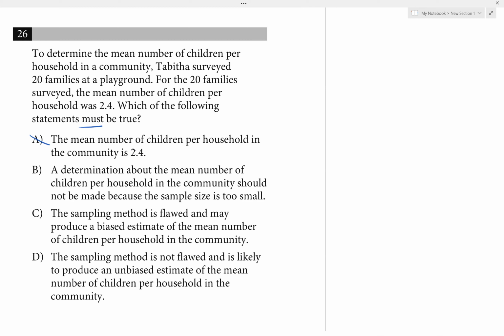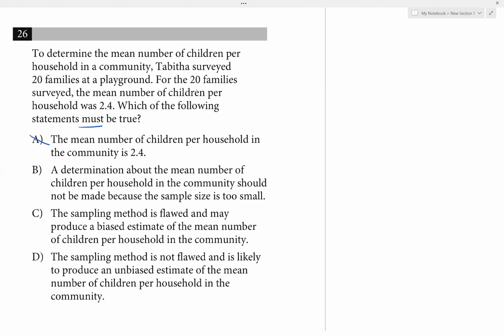Okay, so if you try letter B, B says a determination about the mean number of children per household in the community should not be made because the sample size is too small. Well, for this question, she asked 20 families, and we're trying to determine the number of children per household in one community. So 20 families should be a decent sample size.